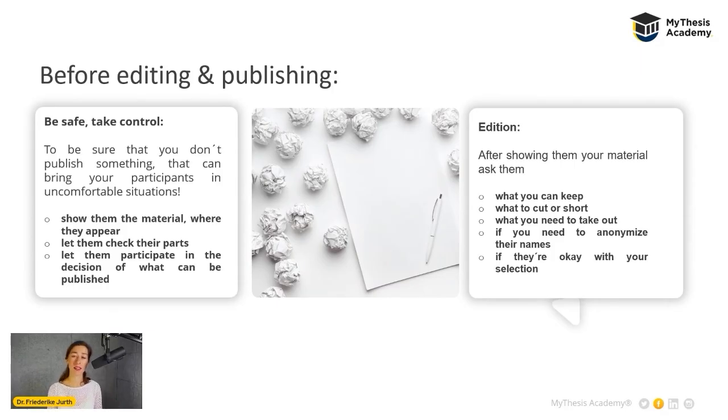So ask them to keep you informed about what you can keep. If there are sequences or passages that you need to cut out or to shorten, if there are at least some details that you need to take out. Also, if they have a problem with publishing their real names, tell them about the possibility to anonymize their names.